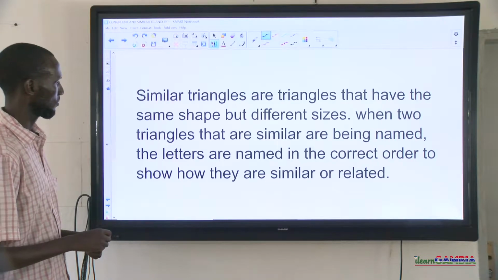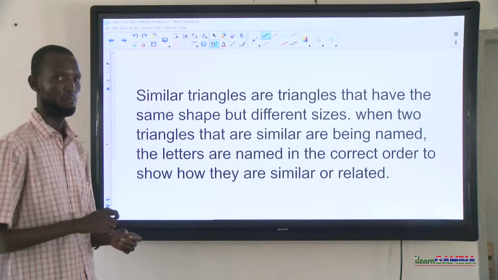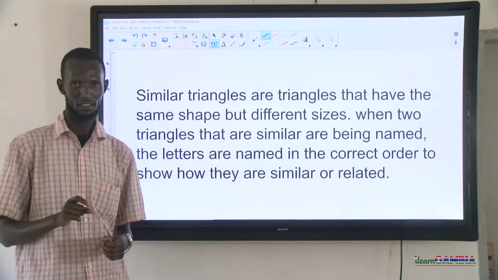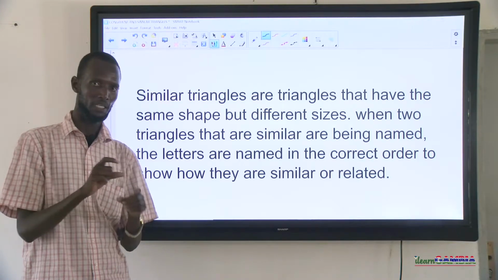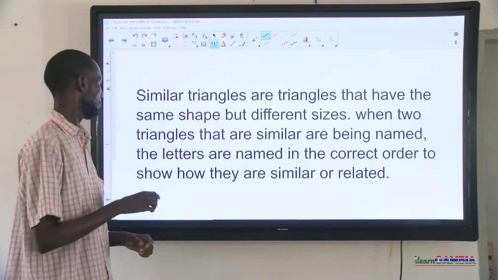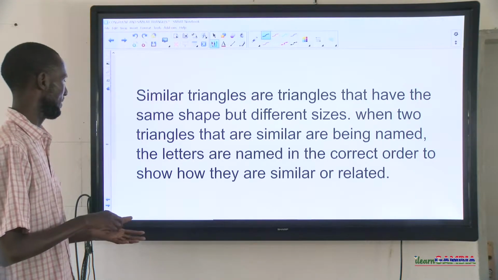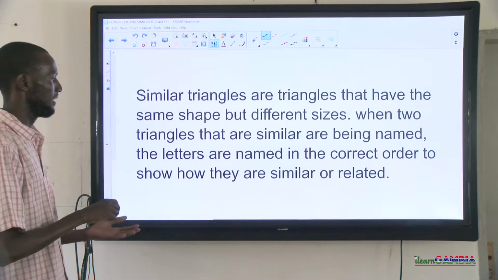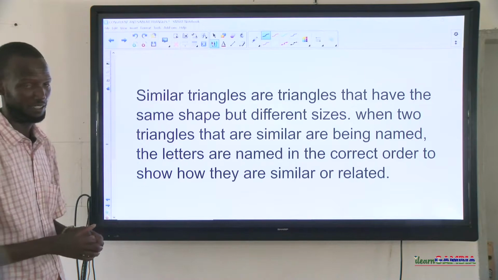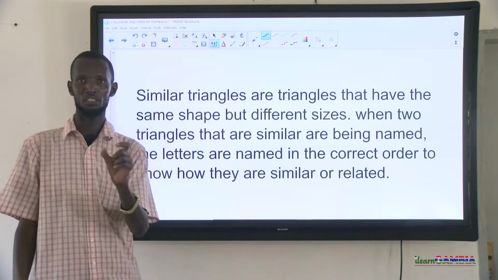Similar triangles are triangles that have the same shape but different sizes. When two similar triangles are being named, the letters are named in the correct order to show how they are similar, so naming of the triangles is important when it comes to similarity.